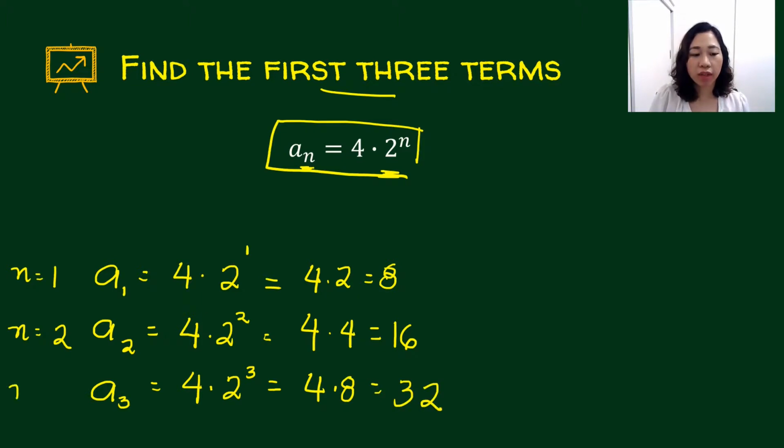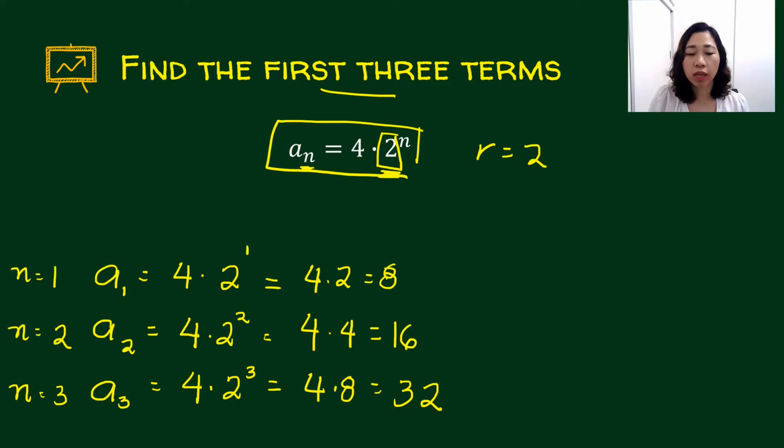Now for this, I just show this to you so that you understand the meaning of a sub n. But just by looking at it, it is actually a geometric sequence because, look at the form, something raised to an exponent. So from here, I can easily see that the common ratio is 2 because that is the number that is the base of your exponent.